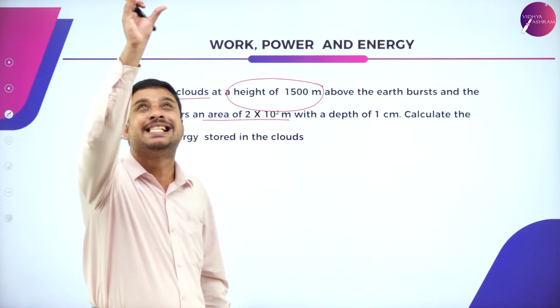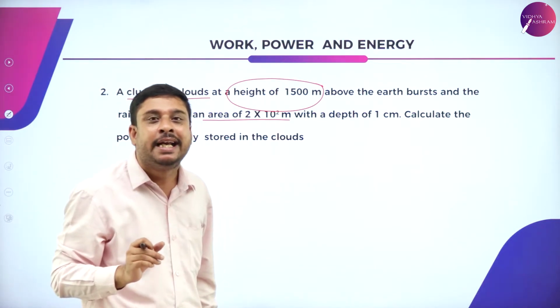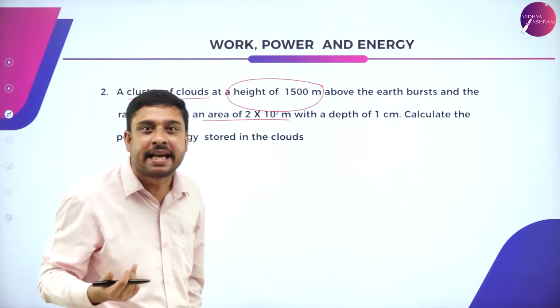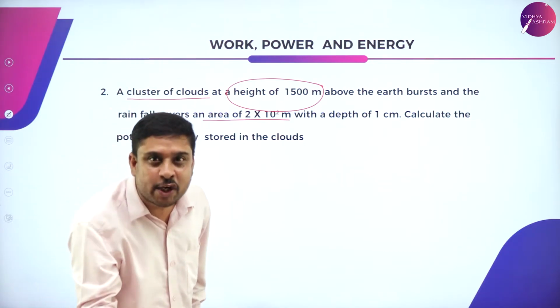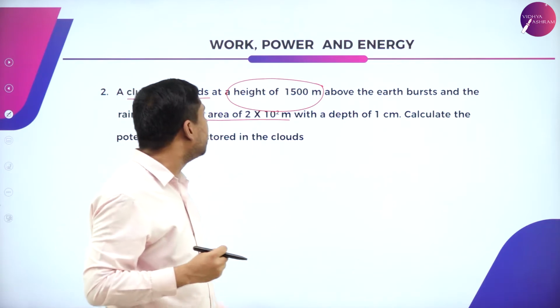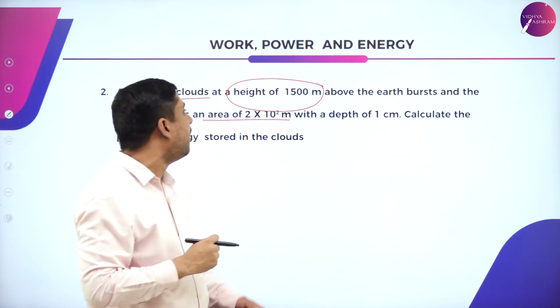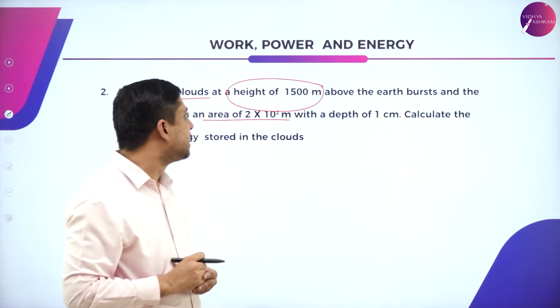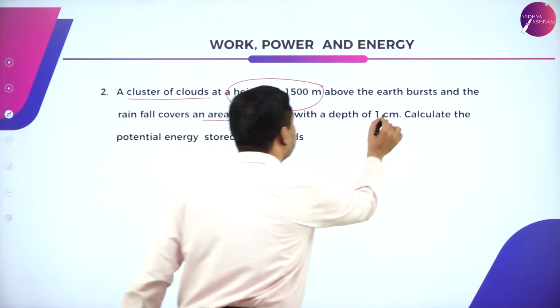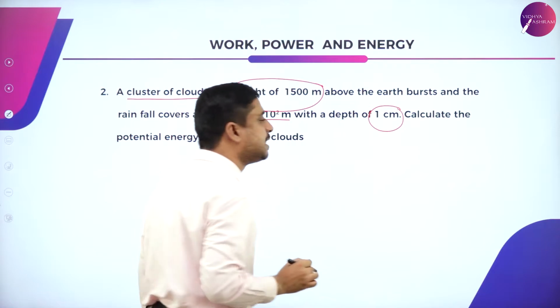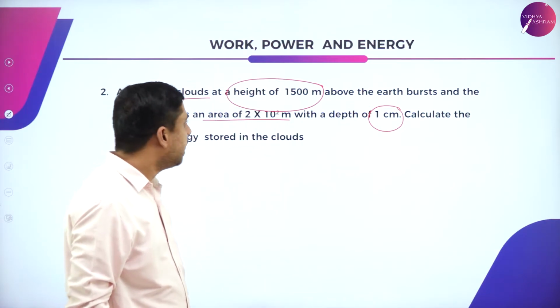This cluster of cloud is blasting and raindrops fall, covering an area of 2 into 10 power 2 meter with a depth of 1 centimeter.